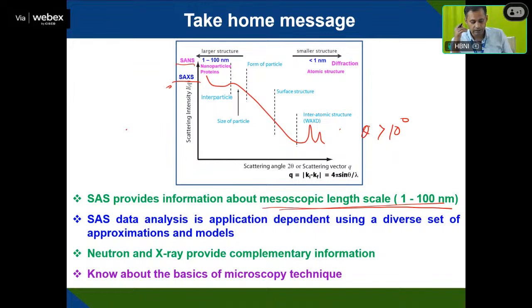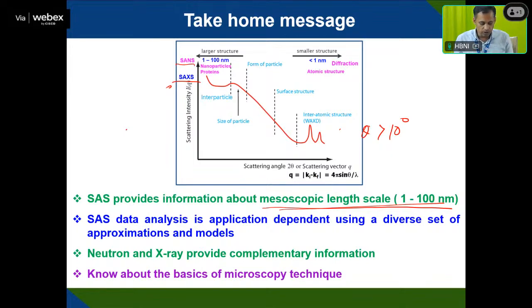Such data analysis is application dependent and uses a diverse set of approximations and models. Like with electron microscopic techniques, you see the particle size directly. But in small angle X-ray and neutron scattering, we have to interpret the data using a diverse set of approximations as well as models.